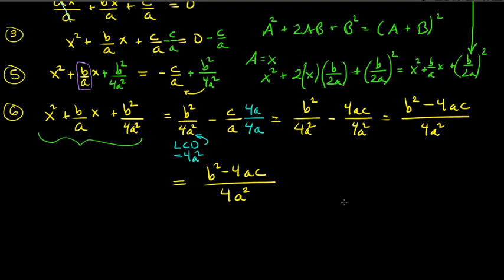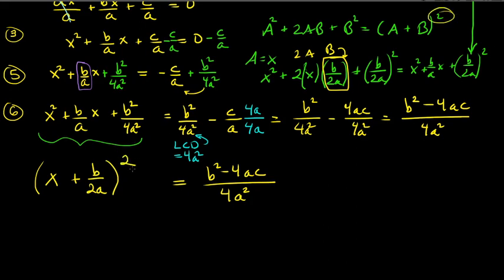Okay? So what is capital A plus capital B squared? Capital A is just x. Capital B is little b over 2a. And then the whole thing is squared. That's the square here.